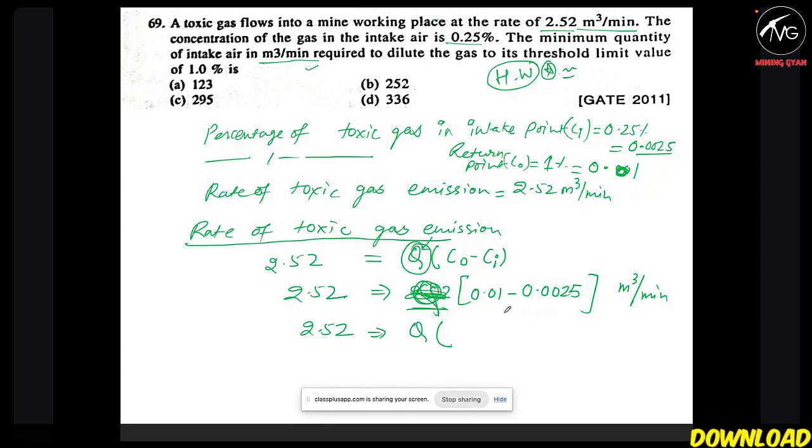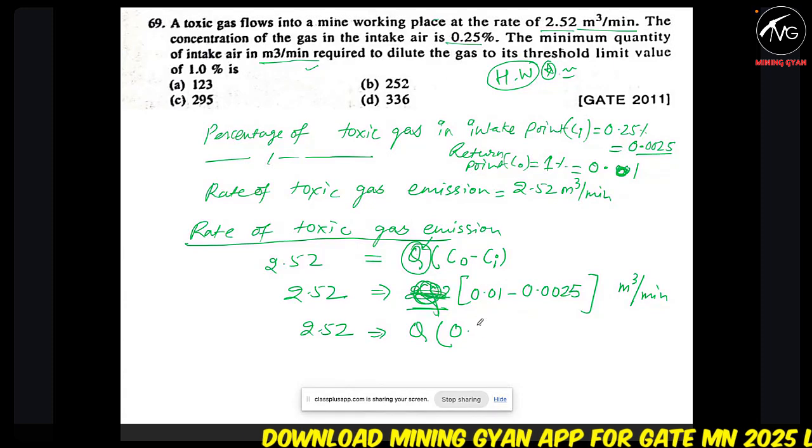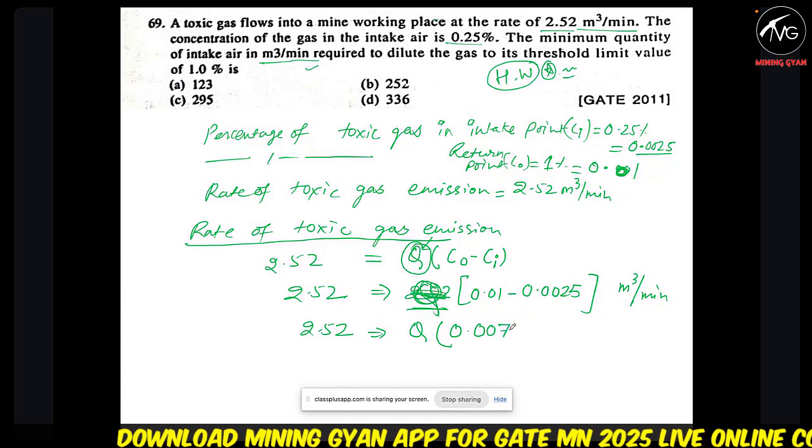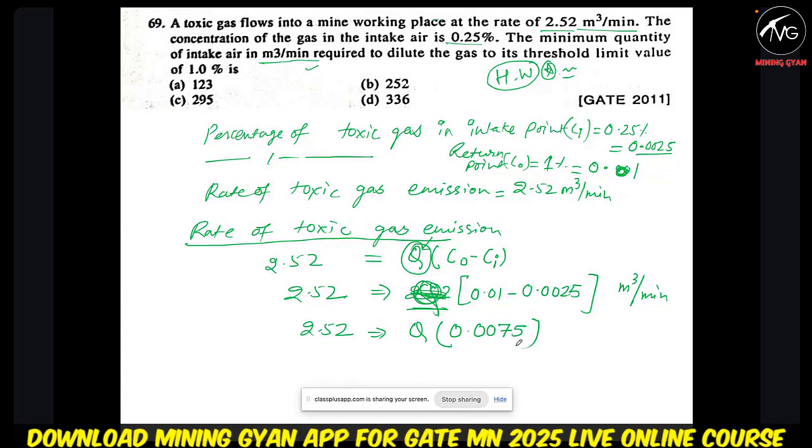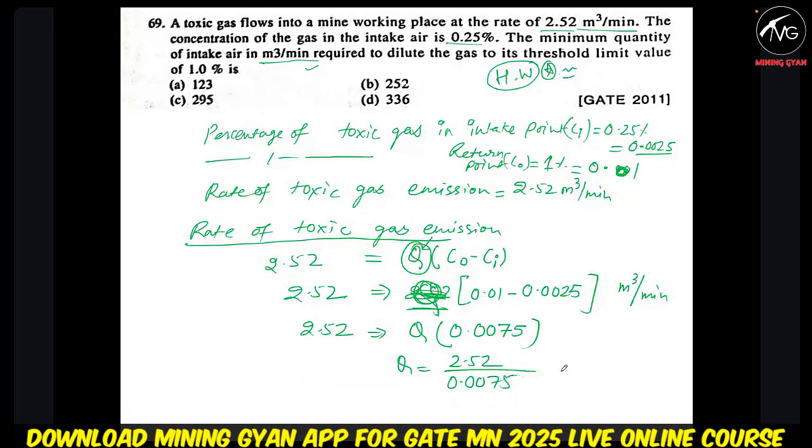So when you subtract it, it will come 0.0075, and Q will be 2.52 divided by 0.0075. If you want, I can calculate, but I think it is for your task.